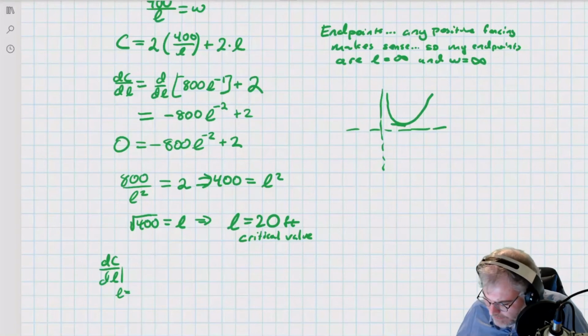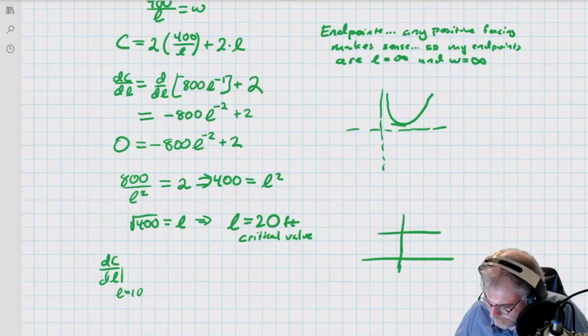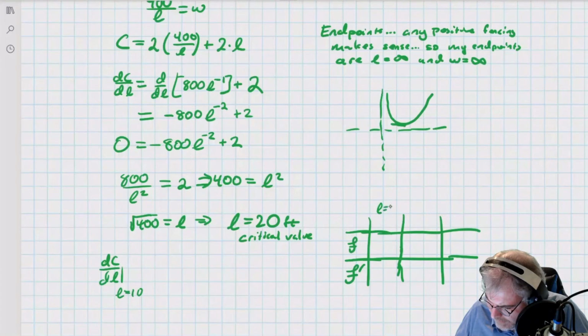Okay, well, when L equals 10, here's what I'm doing, by the way. Here's F. Here's F prime. So here is L equals 10, L equals 20, and we'll pick another one, L equals 30.